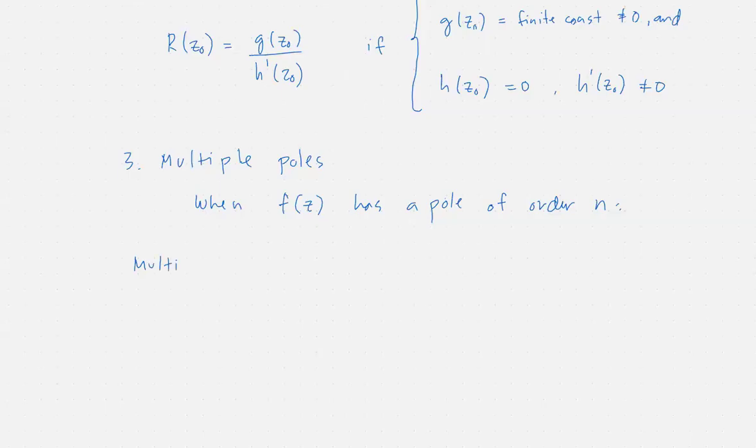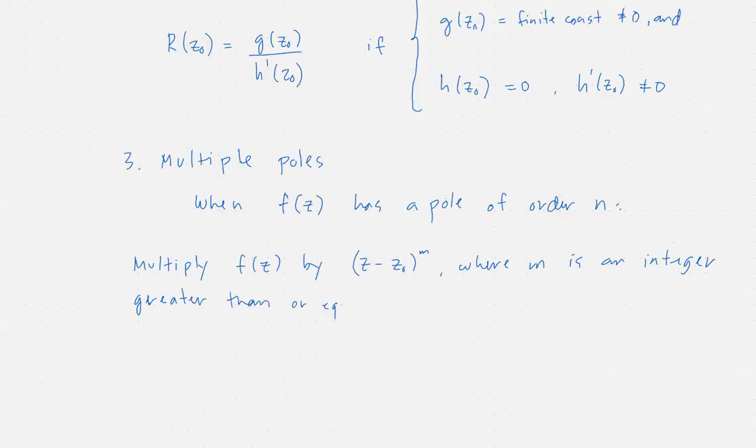Multiply f of z by z minus z naught raised to the power m, where m is an integer greater than or equal to the order n of the pole.